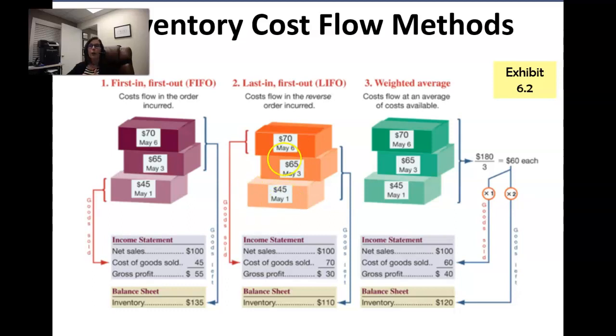And what's in our ending inventory is the stuff that was already in our warehouse when the period started, and any purchases we made right after that. So in this case, again, we've only sold one item, but now it will be the last one that we bought, and that will be $70. That gives us a gross profit of $30 and an ending inventory of $110.